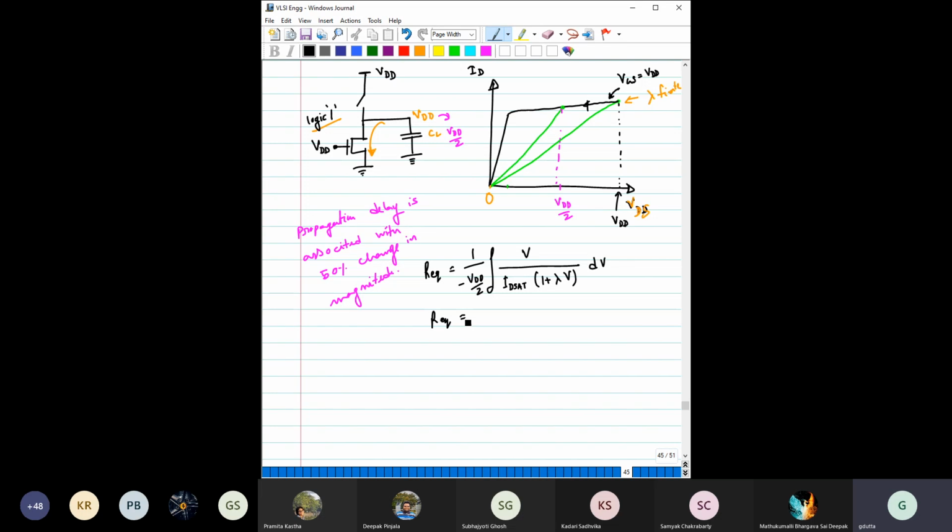If you complete this, we get something like 1 minus 7 by 9 lambda VDD over ID sat. Here lambda is not equal to 0, because it is not parallel; with the short channel effect, the channel length modulation parameter is not equal to 0. So considering that, R equivalent can be written in this way.